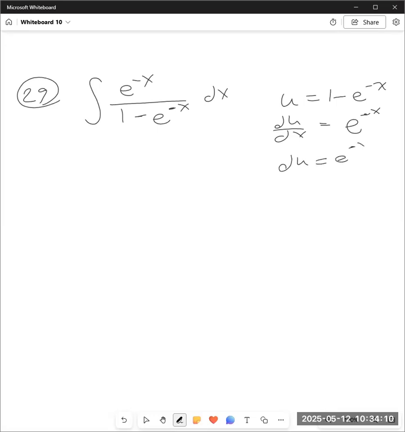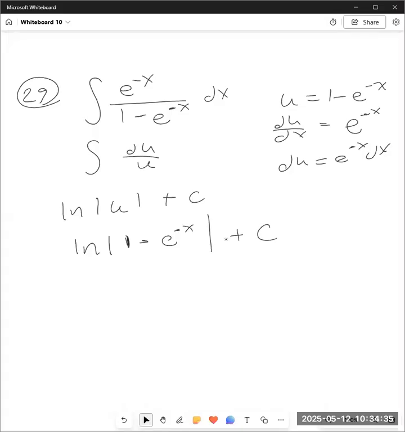Du is e to the negative x dx. So that looks like du over u. It's going to be ln of the absolute value of u plus c, or ln of the absolute value of 1 minus e to the negative x plus c. See, e to the negative x can become a really big number that is bigger than 1. So that can be a negative expression. So I need the absolute value bars around that.